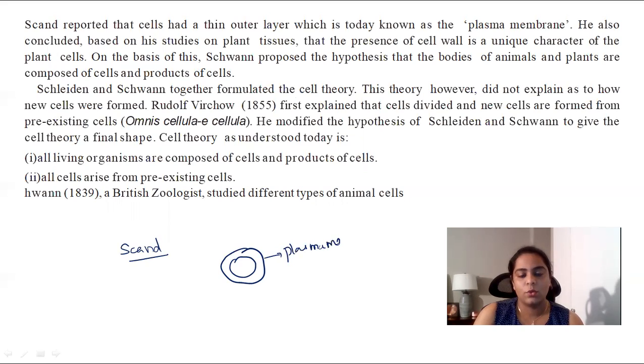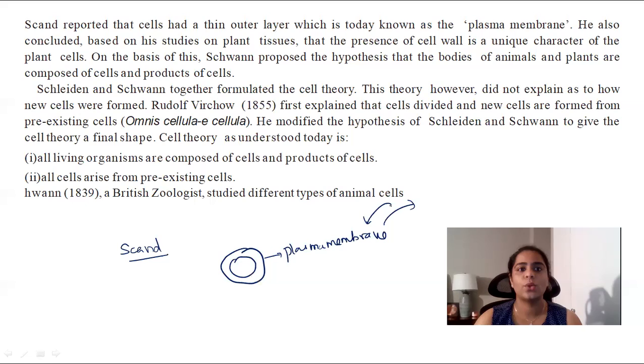Okay, तो श्वान ने क्या बोला कि हर एक सेल के बाहर एक कवरिंग होती है, उसको बोलते हैं प्लाज्मा मेम्ब्रेन। श्लाइडन ने प्लांट्स को ऑब्जर्व किया, उन्होंने बोला कि सेल्स मिलके टिश्यूज बनाते हैं। वैसे श्वान ने क्या देखा? उन्होंने देखा कि सेल्स के बाहर एक प्रोटेक्टिव लेयर होता है, वो होता है प्लाज्मा मेम्ब्रेन। और प्लाज्मा मेम्ब्रेन का इंपॉर्टेंट फंक्शन होता है कि ये देखता है क्या चीजें सेल के अंदर आए और कौन सी चीजें सेल के बाहर जाए। मतलब बेसिकली इट्स कंट्रोलिंग व्हाट एंटर्स द सेल एंड गेट्स आउट ऑफ द सेल.